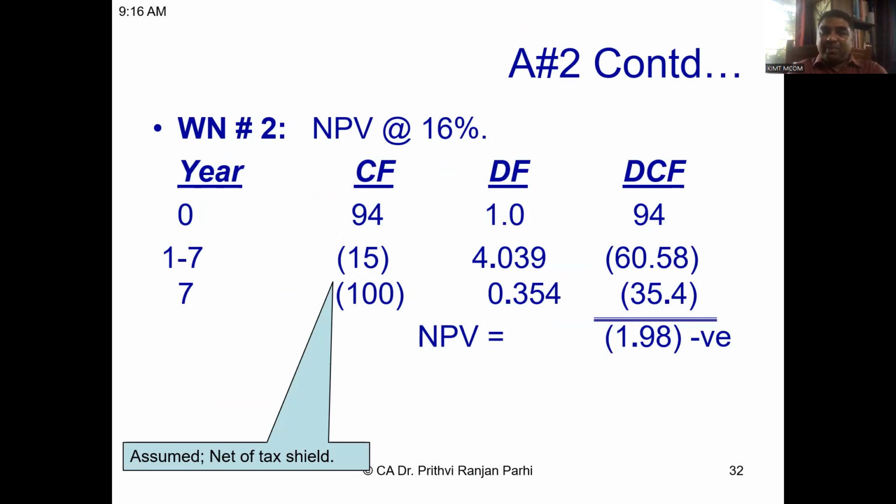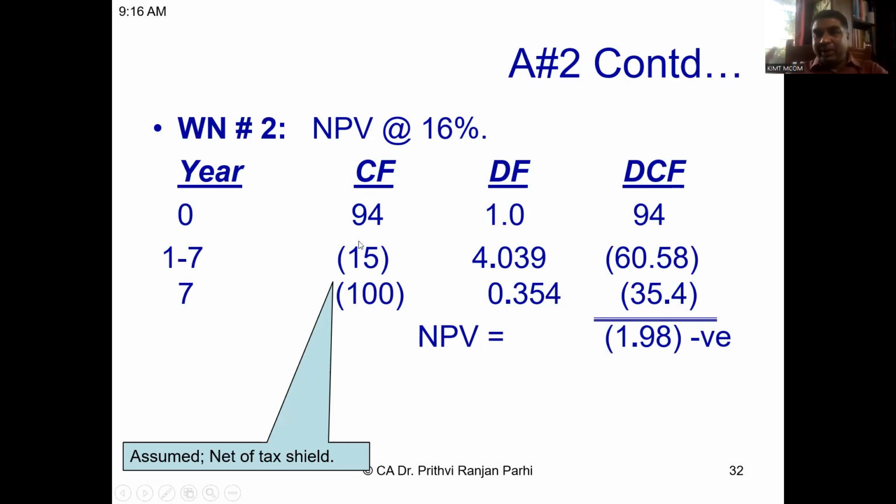Discount factor for time period 0 is always 1. So I am taking year, cash flow, discount factor, discounted cash flow. Here you see 94, discount factor for year 0 is always 1. So 94 multiplied by 1 is equal to 94.